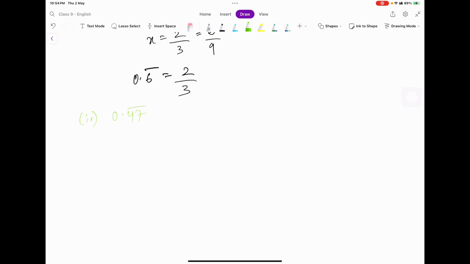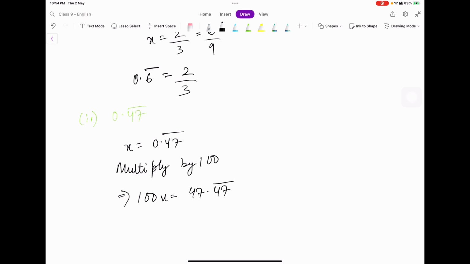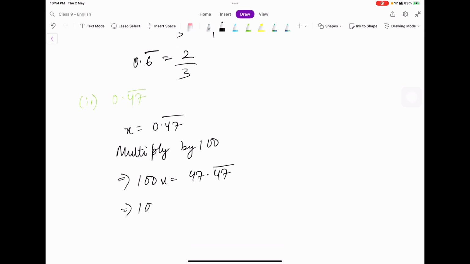The second question is 0.47. Again take 0.47, multiply by 100. Okay, no, I have written the wrong question. Only the 7 is repeating.